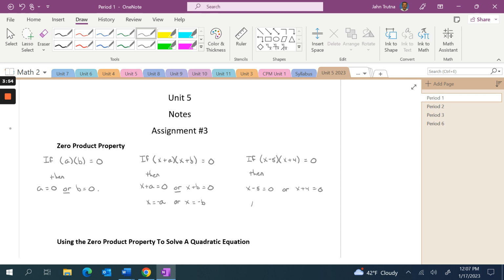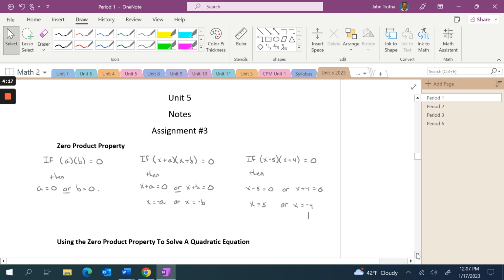Okay, so this would mean that x is going to be equal to positive 5. And why is that? Because 5 minus 5 is equal to 0. Or x is going to be equal to negative 4. All right? So this is telling me that x could be either one of those answers, or both of those answers right there.